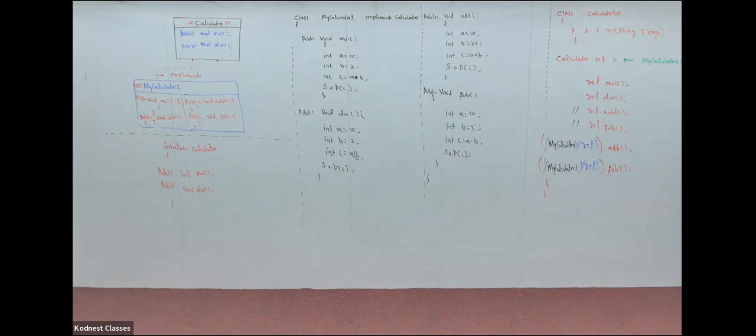Sometimes we tell it as child class, or we can tell it as implementing class also, because my calculator 1 is implementing calculator. So implementing class and child class are the same with respect to interface and class relationship. Anyway, what I have dictated: overridden methods of the child class, full stop.